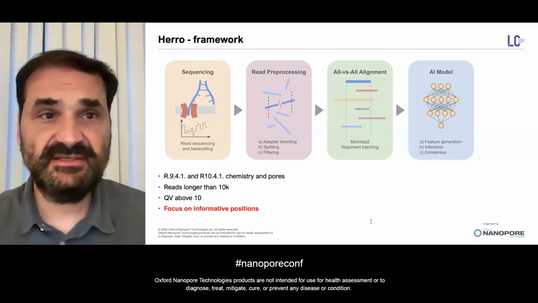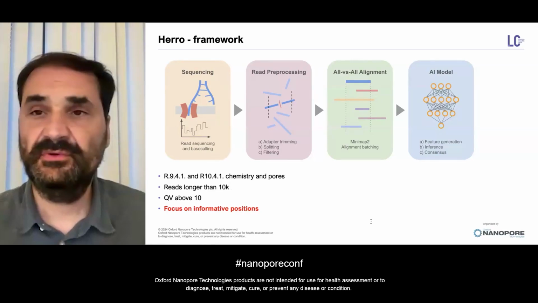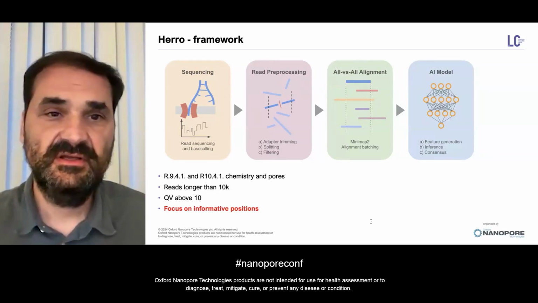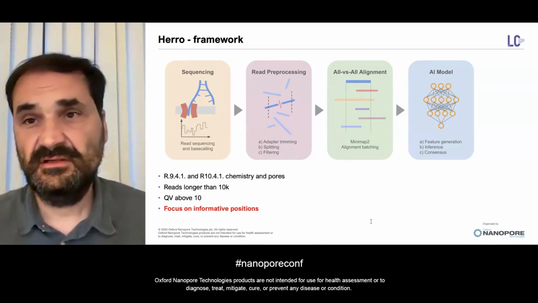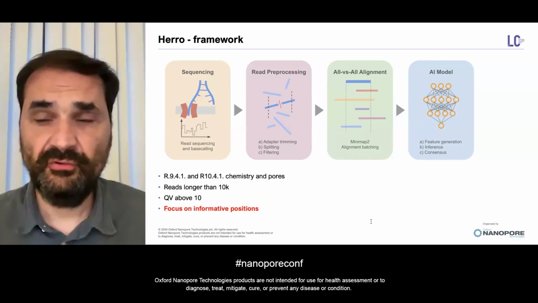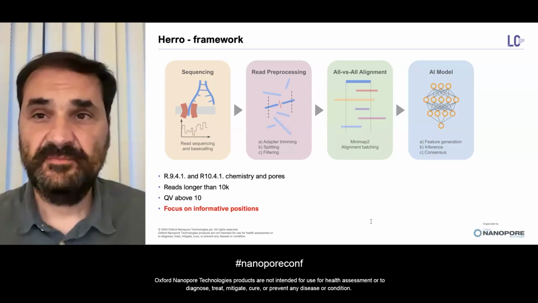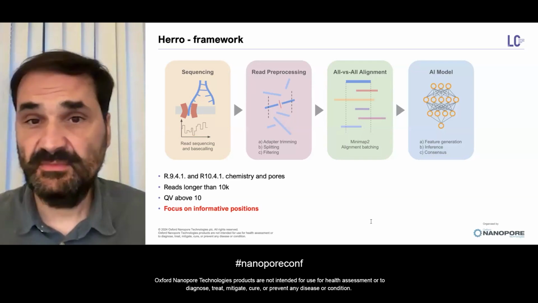So the pipeline starts with read pre-processing, which includes trimming, splitting, filtering, and removing all kinds of adapters. After that, we have overlap and alignment using the Minimap tool.